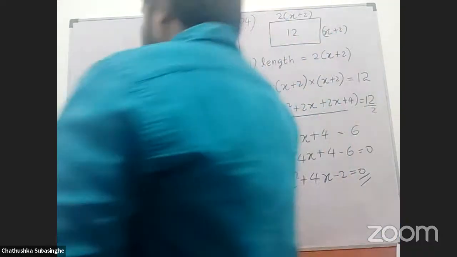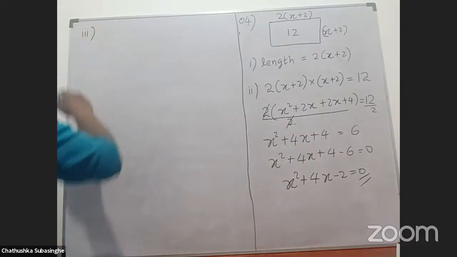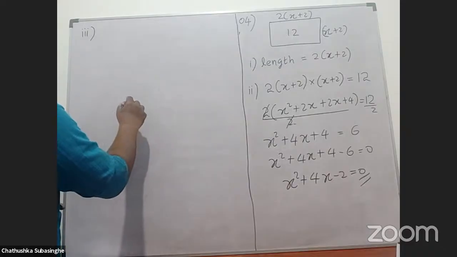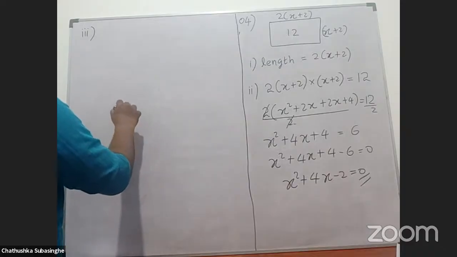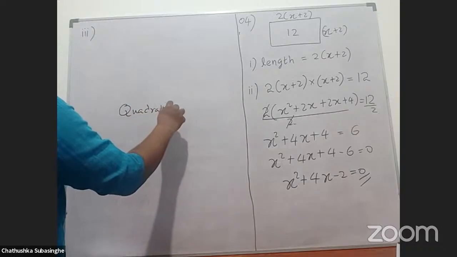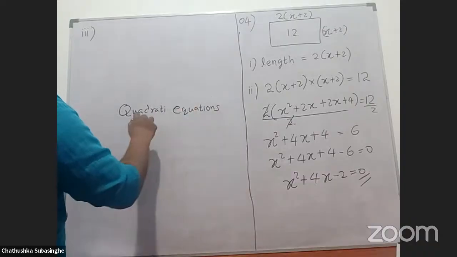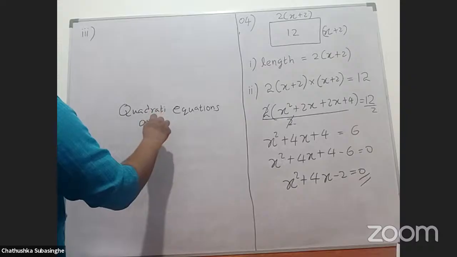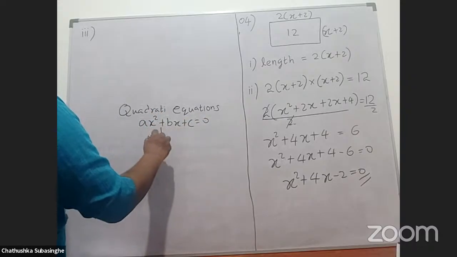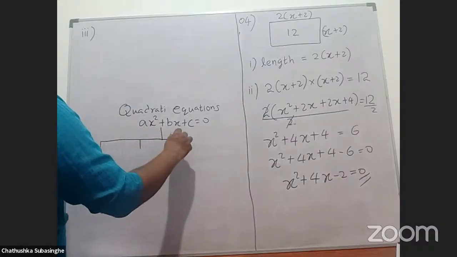So this is what the completing square method is. Now take a note. When it comes to quadratic equations, which means equations like ax squared plus bx plus c equals 0, there are 4 methods to solve these equations.